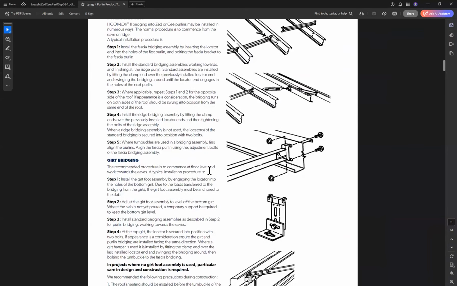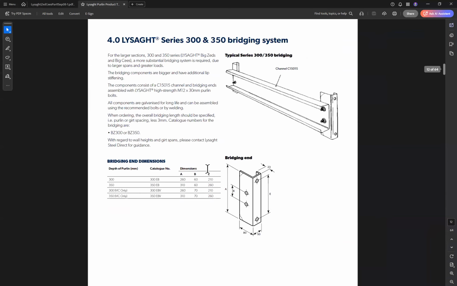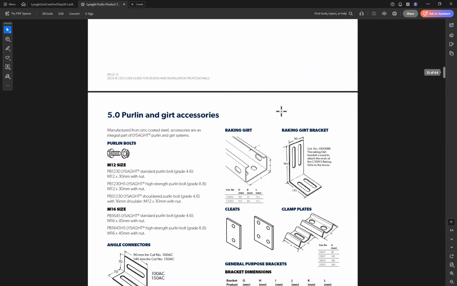I just want to show you something here. So this is a purlin, for example, but single span.